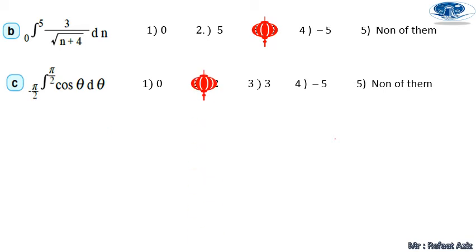Another example. Here is the integral from negative pi to pi of (4 + pi cosine 2x) dx. Okay, then we make an integration.